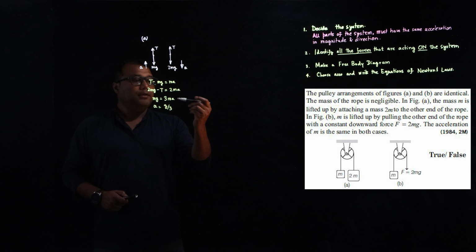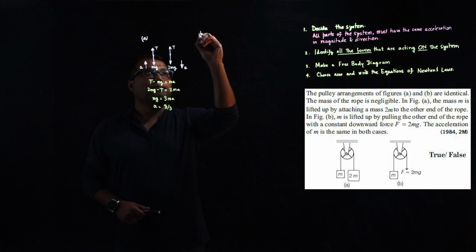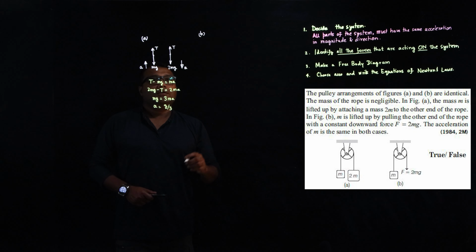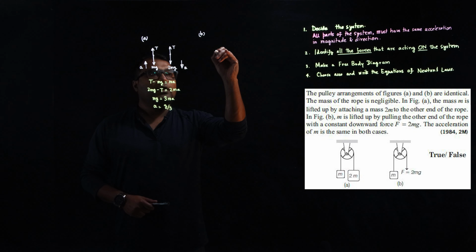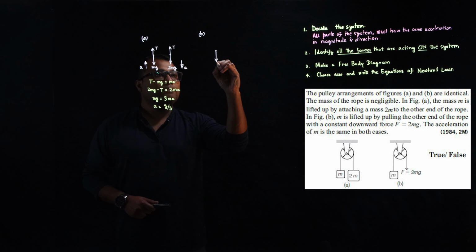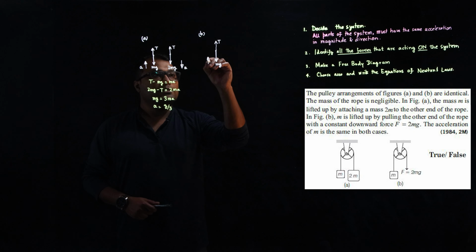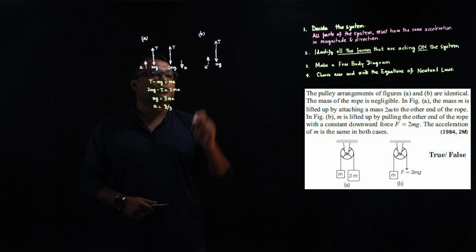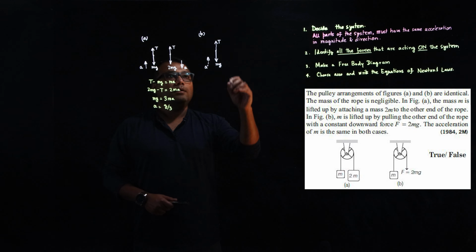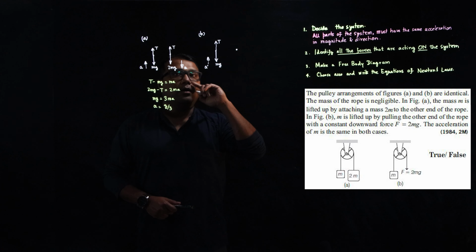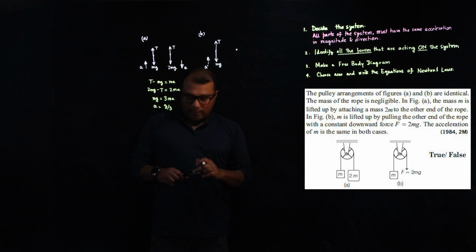Now let's look at case B. The free body diagram of mg remains same. Okay, there is some tension there, and let's say this acceleration is a dashed. Okay, now here's the catch.